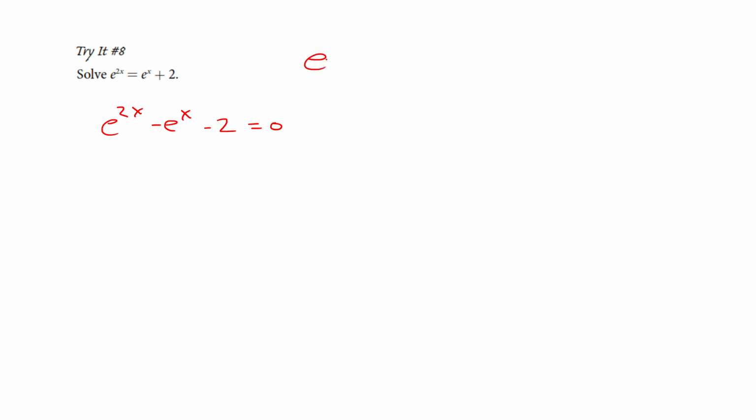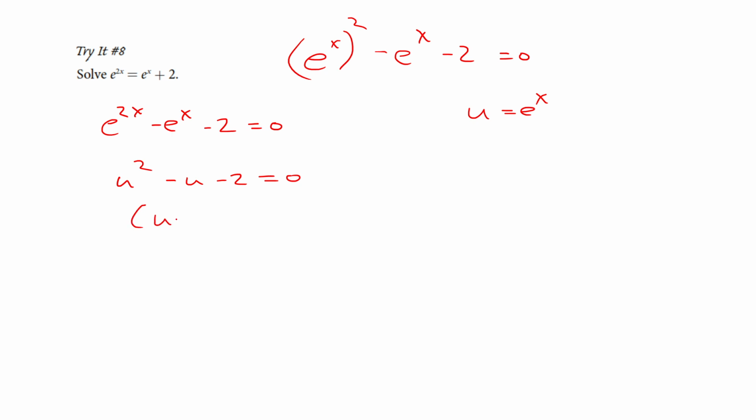So my substitution is going to be u is e to the x. So I've got u squared minus u minus 2 equals 0. Well, we know how to do this. It'd be u minus 2, u plus 1 equals 0. We solve that, get this.